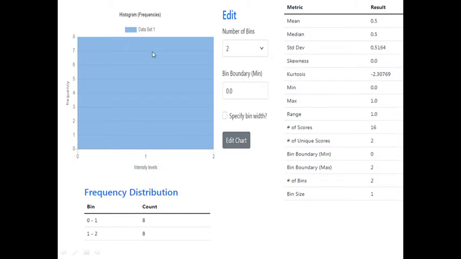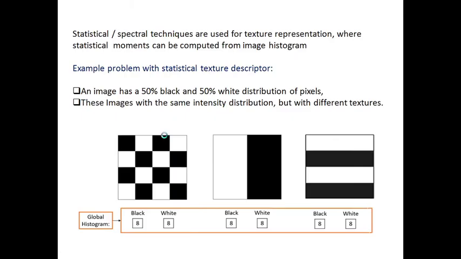If this is given to me as an input, I don't know accurately whether my input image is this one or this one or this one.